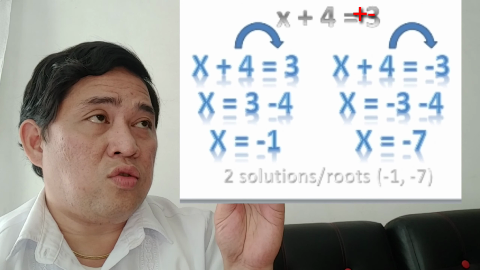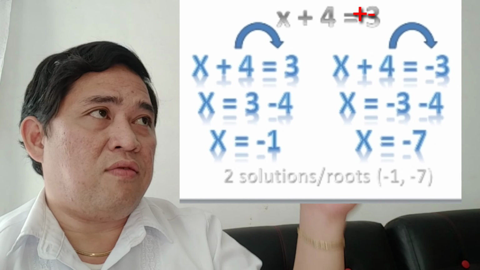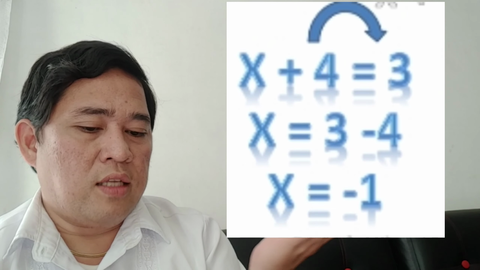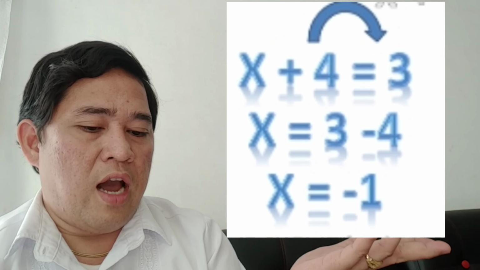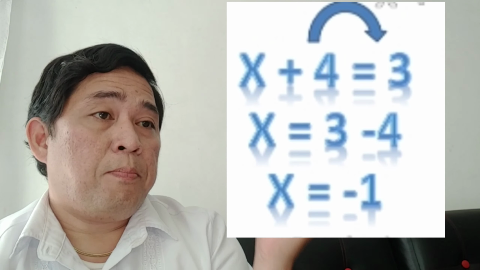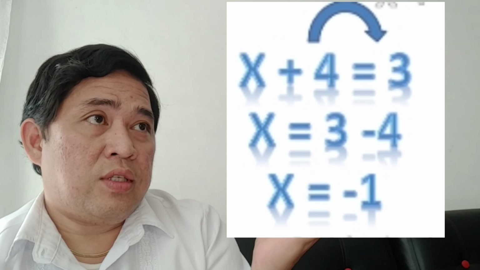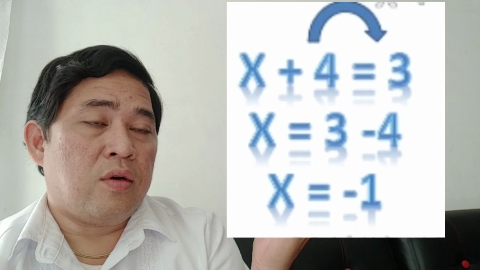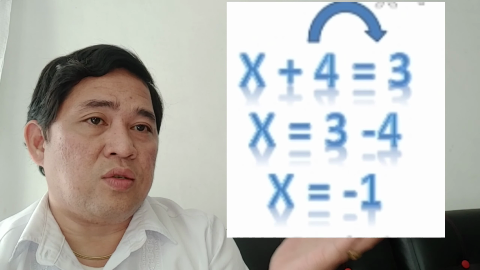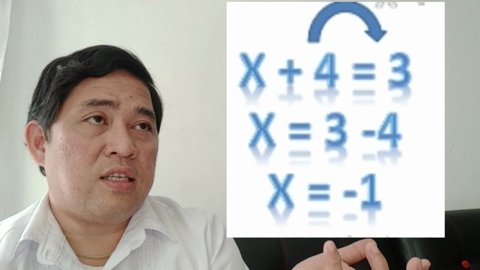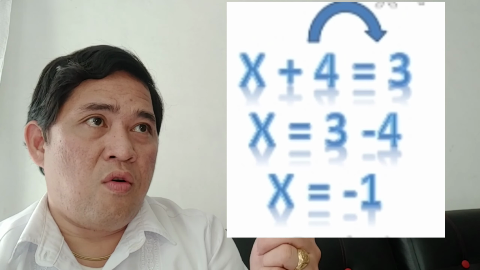Since we have 2 solutions, positive and negative, let's solve for the positive first. X plus 4 equals 3. Then transpose to the other side: x equals negative 4 plus 3. Since they do not have the same sign, that is equivalent to negative 1. That is one of the solutions. The answer is negative 1 because 4 is bigger than 3.